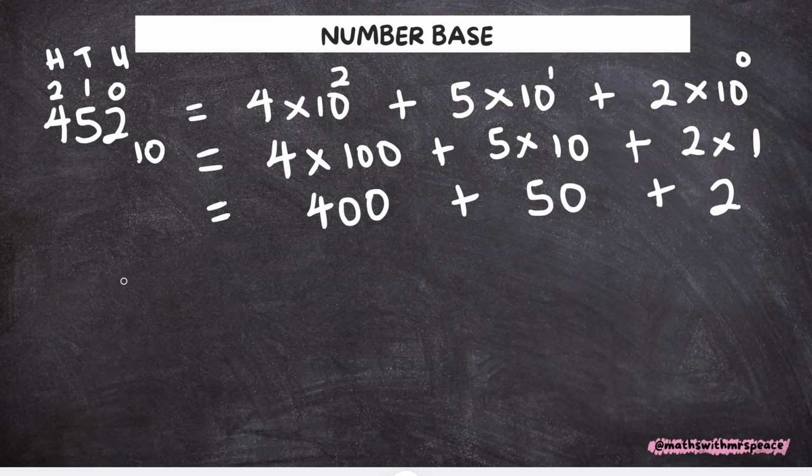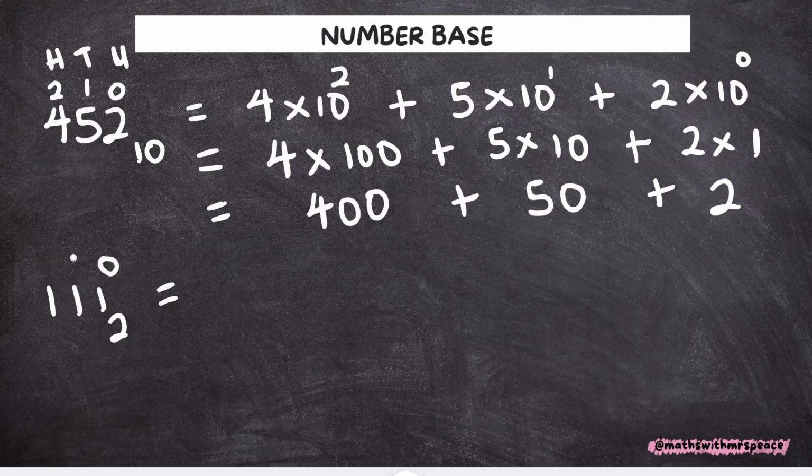I want us to look at another number in base 2, since we're talking about binary numbers here. So if I have 1, 1, 1 in base 2, remember that the point we're trying to make here is that each place value here is a power of the base. So the power, in the same way as in base 10, will start from the right at 0 and increase leftward.